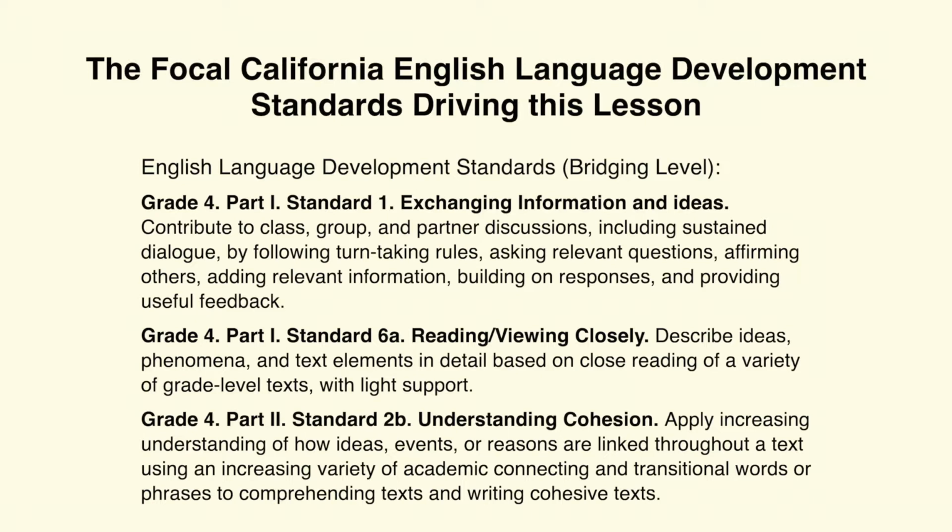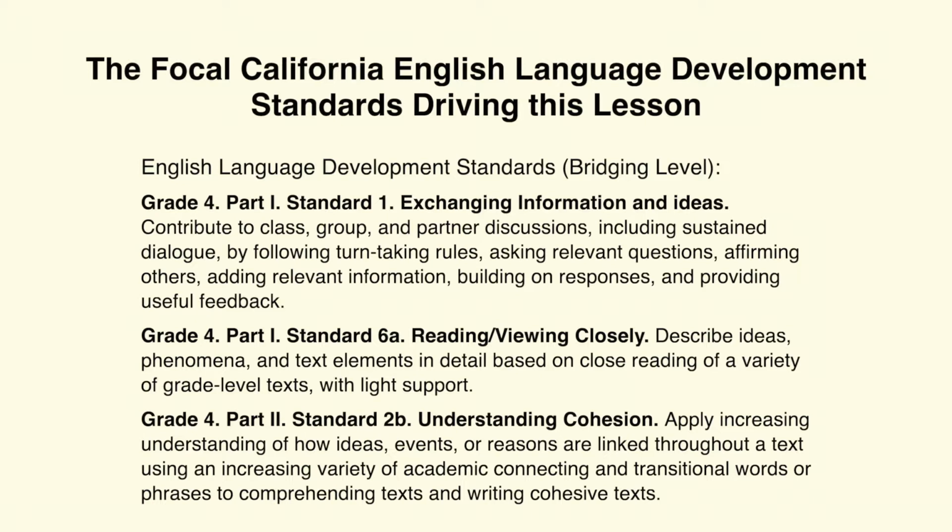Grade 4, Part 1, Standard 6A, Reading and Viewing Closely, where students describe ideas, phenomena, and text elements in detail based on close reading of a variety of grade-level texts with light support.